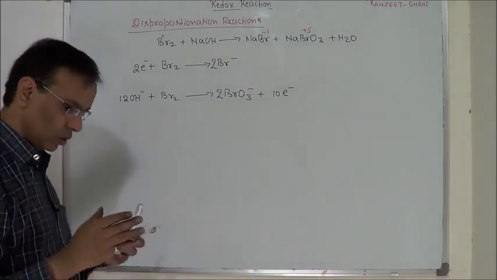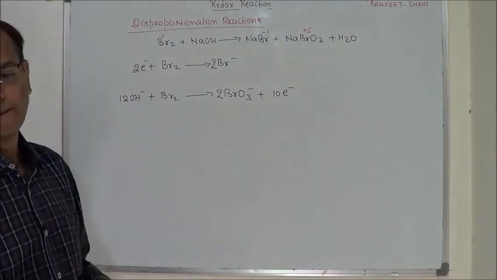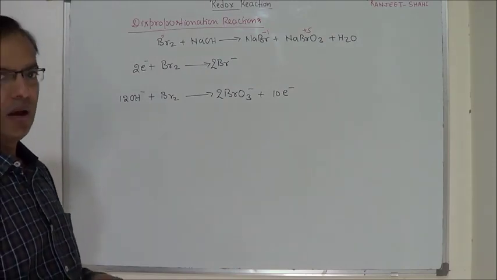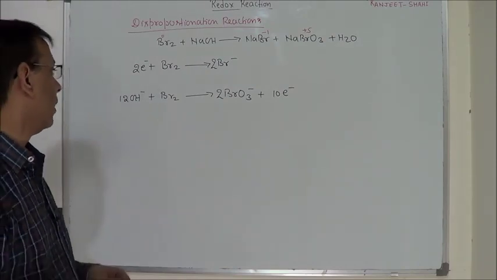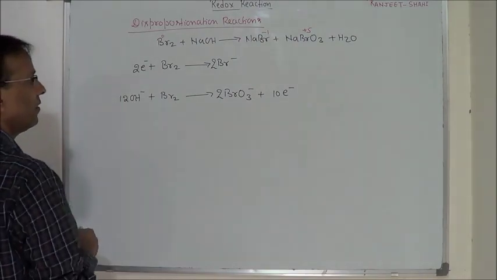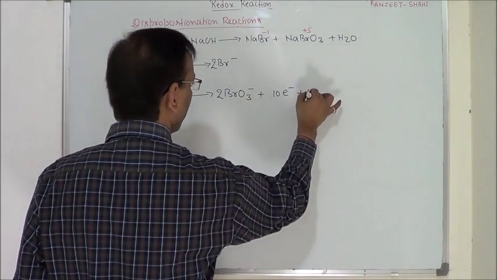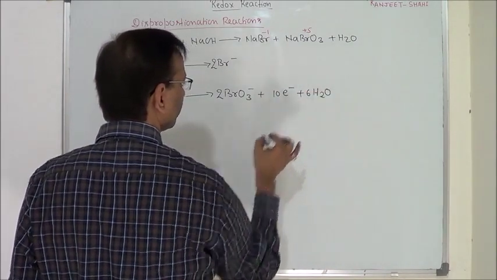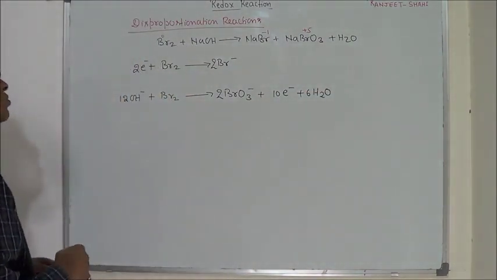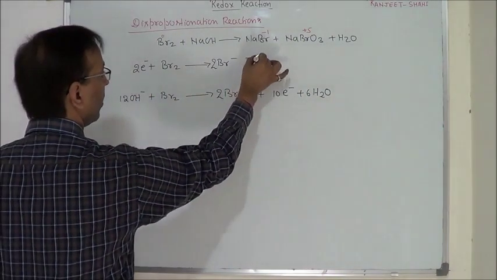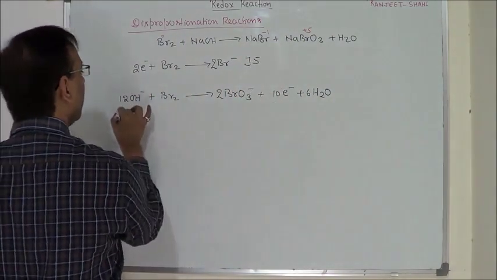In the first reaction there is no hydrogen or oxygen. In the second reaction we have 12 oxygen on this side, 2 into 3, 6 oxygen, so 6 less, 6 water will balance that. Now make the electrons equal, 10 electrons, 2 electrons, so multiply it by 5. Add them.